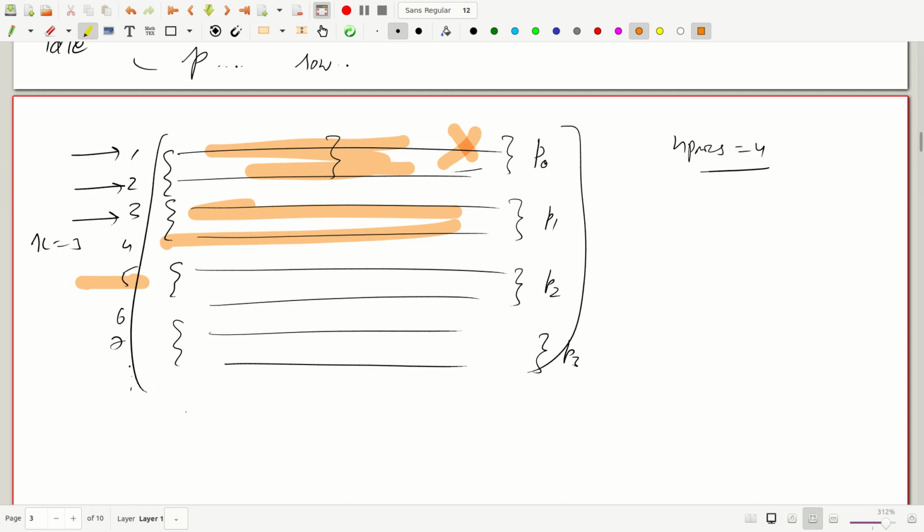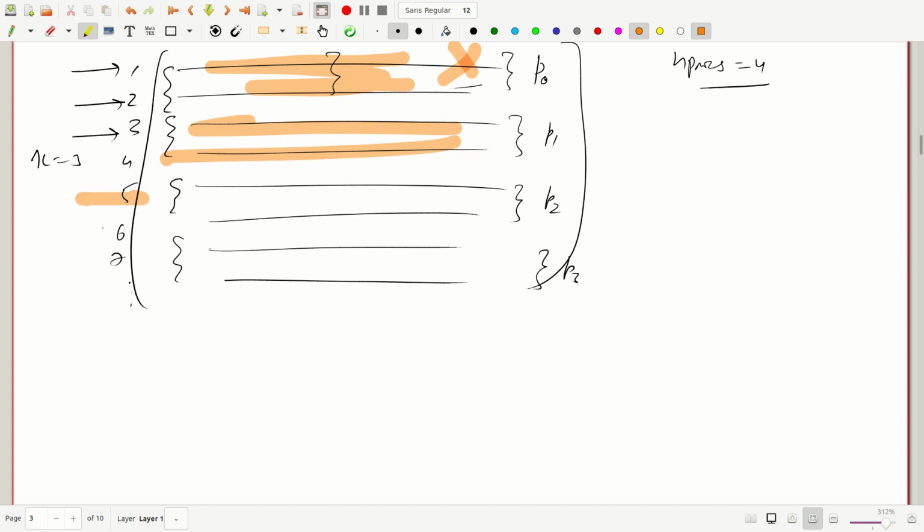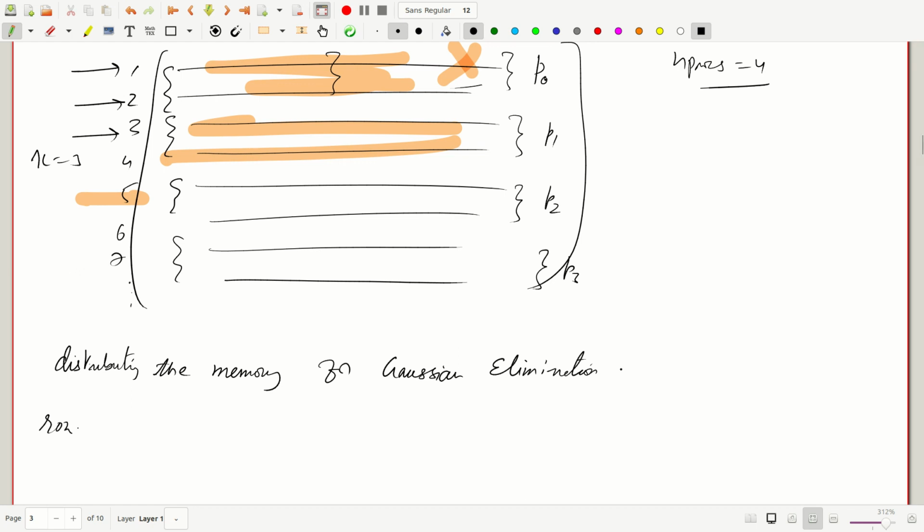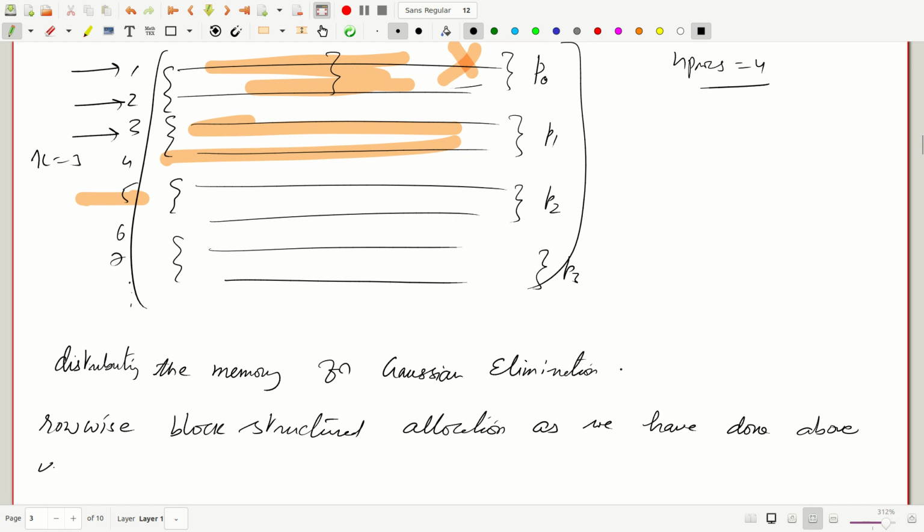So it turns out that when it comes to distributing the memory for Gaussian elimination, a row-wise block structured allocation, as we have done above, is not a great idea.